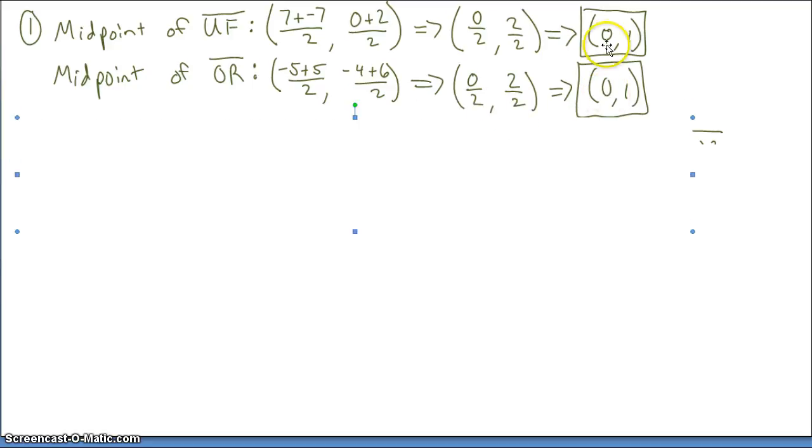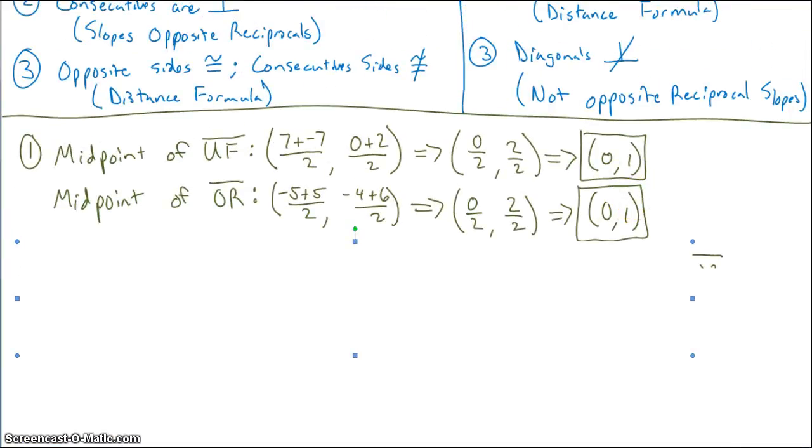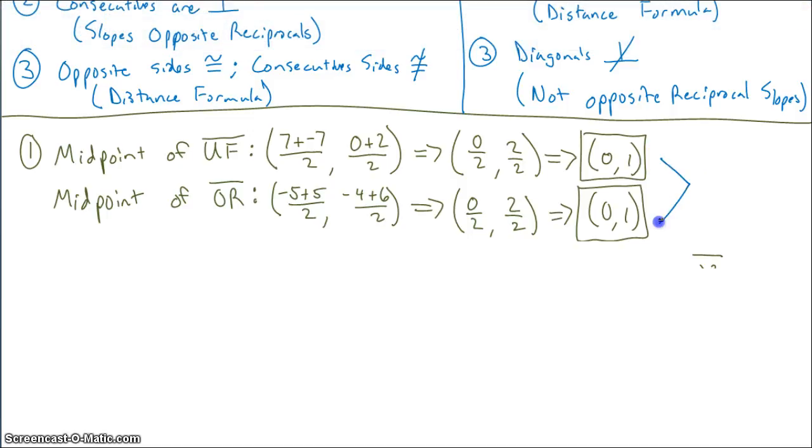And when I do that math, I get 0, 1. So my two midpoints are the same, which tells me that my diagonals bisect each other. If they both have the same midpoint, they have to intersect. They have to bisect each other.